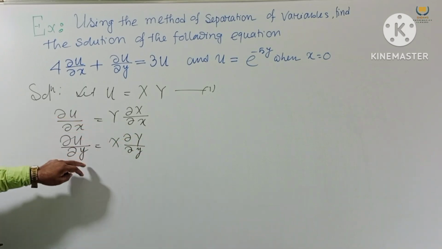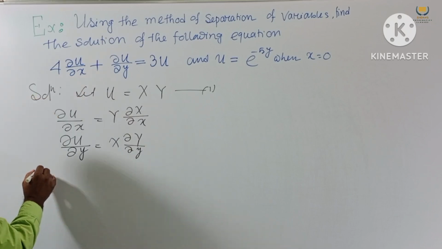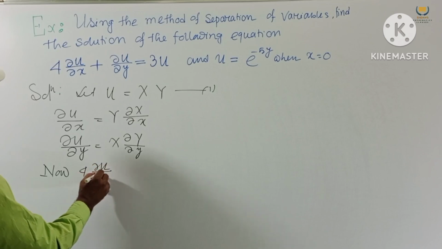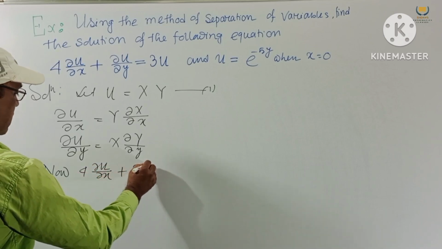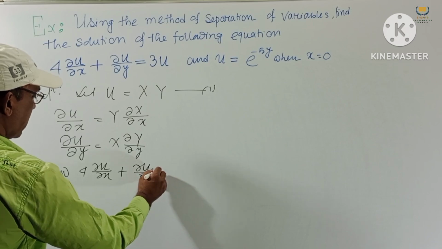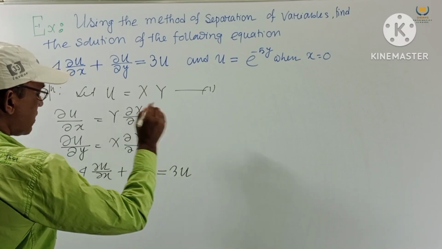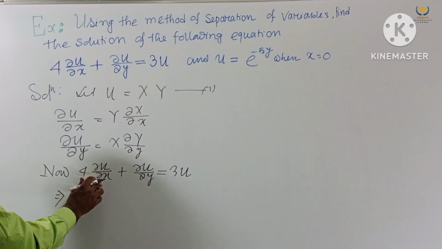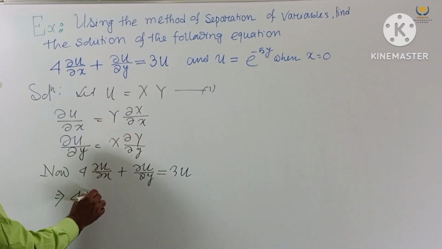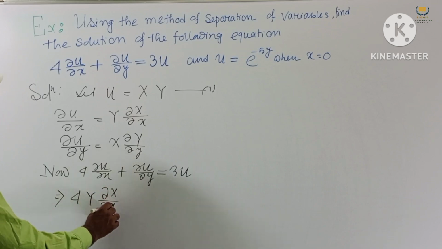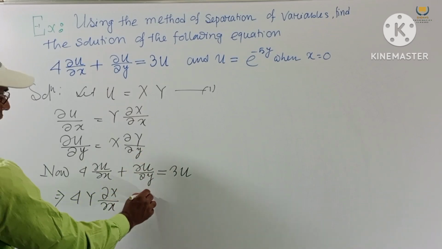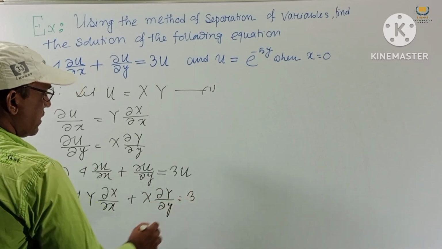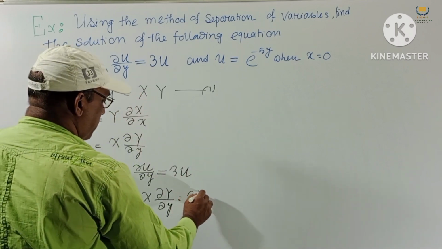Now we put these two values in the given equation. Our given equation is 4 ∂u/∂x + ∂u/∂y = 3u. This implies 4 Y ∂X/∂x + X ∂Y/∂y = 3u, and u means XY.